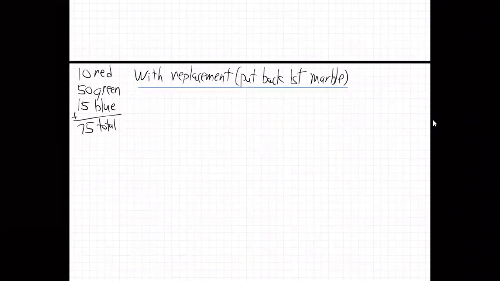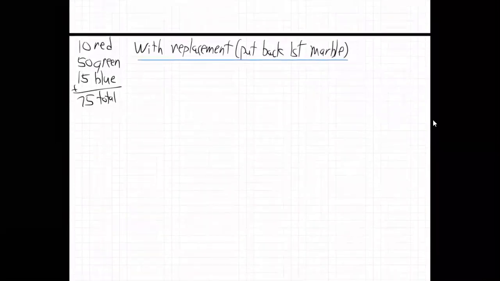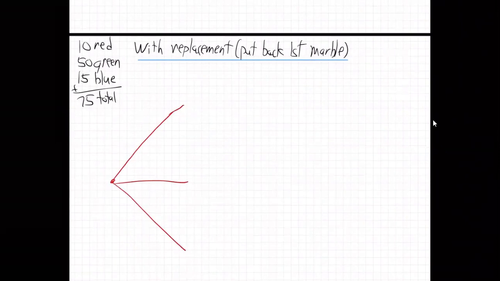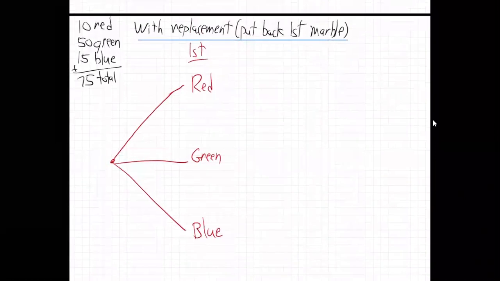Okay, so here we go. Let's map it out. So first draw, you can get 3 different things. There's 3 possibilities. You could get a red marble, a green marble, or a blue marble on your first draw out of the bucket. And then on your second draw, same thing.